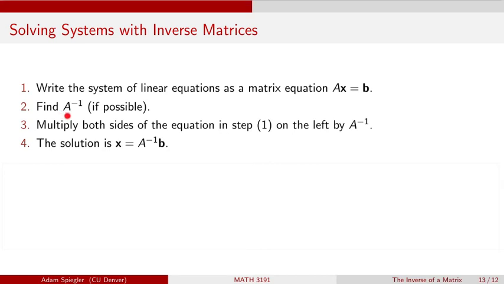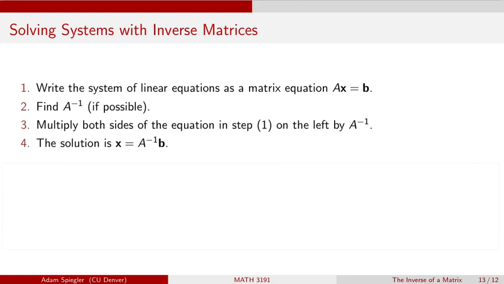If it does exist, then we can multiply both sides of this equation on the left by A inverse. The left side simplifies to column vector X, and the right side is inverse matrix A times column vector B. Here we get our solution for this system of linear equations, namely X is equal to matrix A inverse times column vector B.